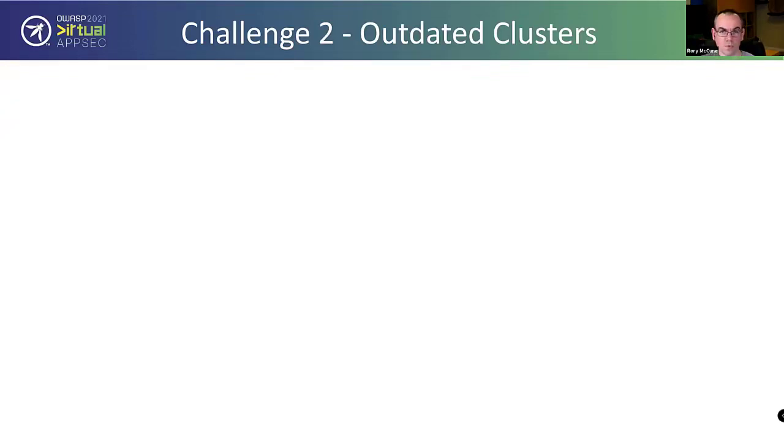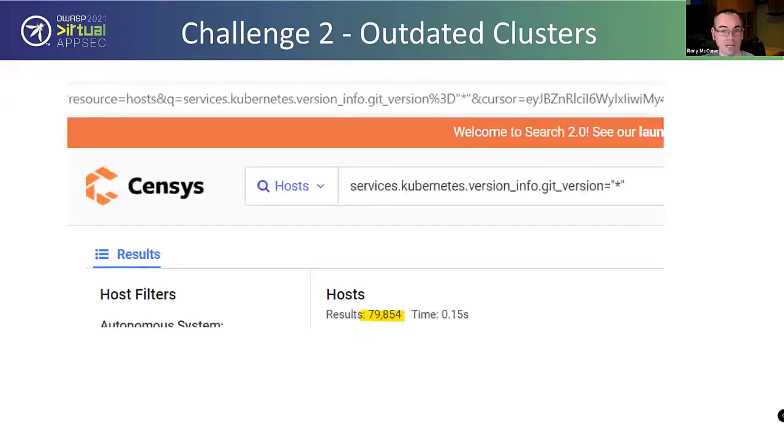So the question is, do we have a problem with outdated clusters? Do we have a problem with people not patching their clusters, not maintaining them? Well, we can actually find that information out, again, thanks to a handy census query. There's an interesting configuration choice which a lot of these cloud distributions make, which is they will expose certain endpoints on your API server without authentication by default.